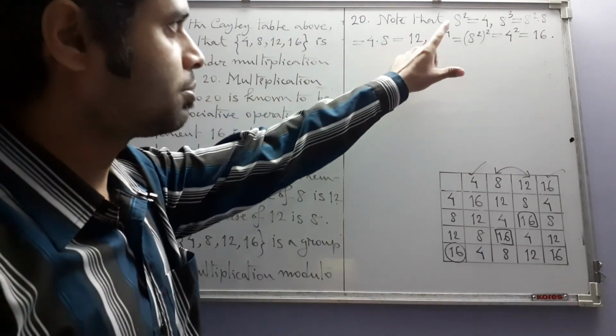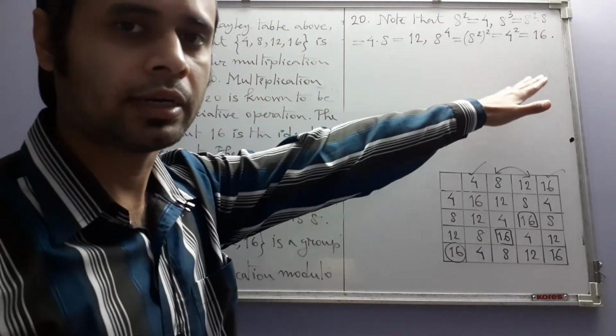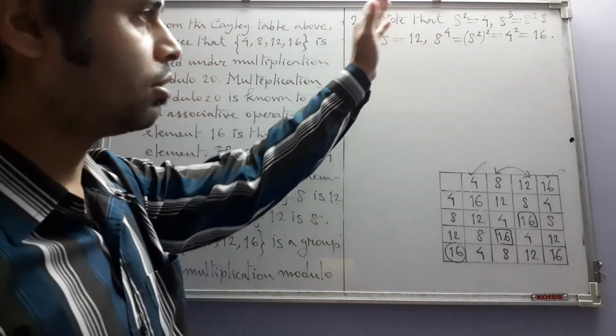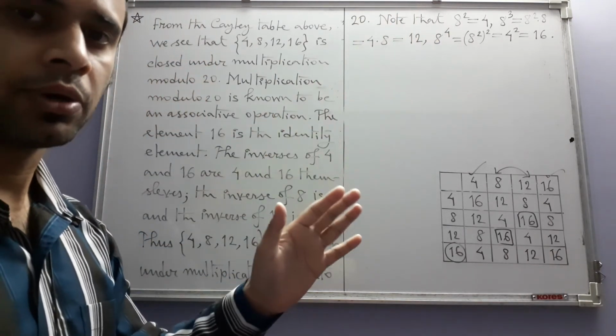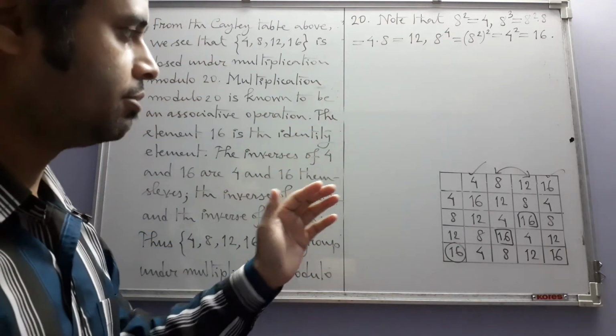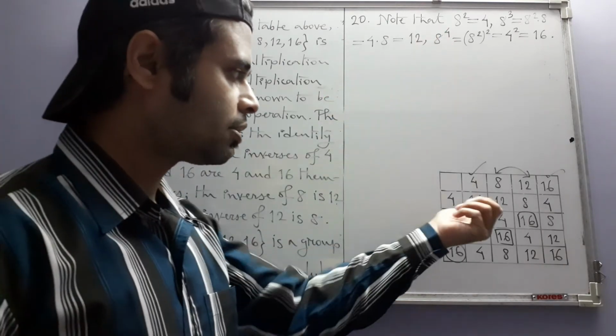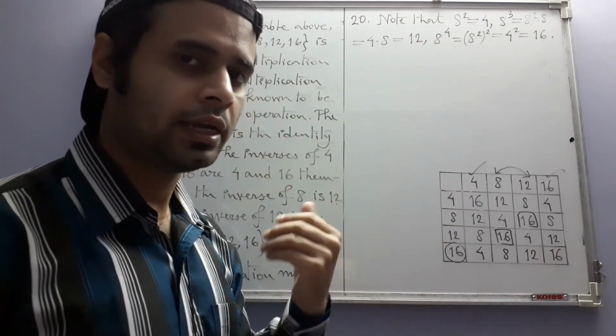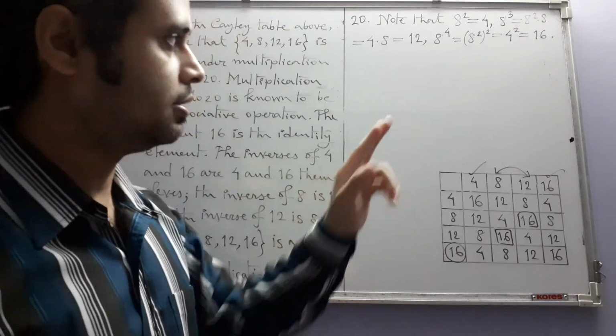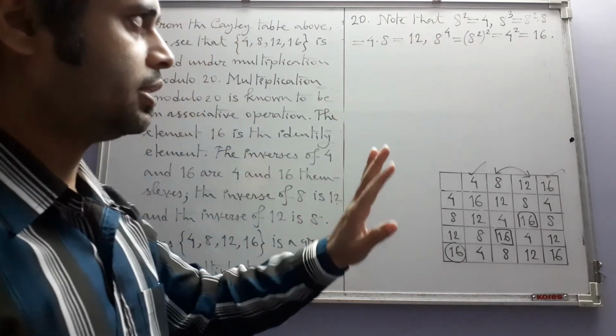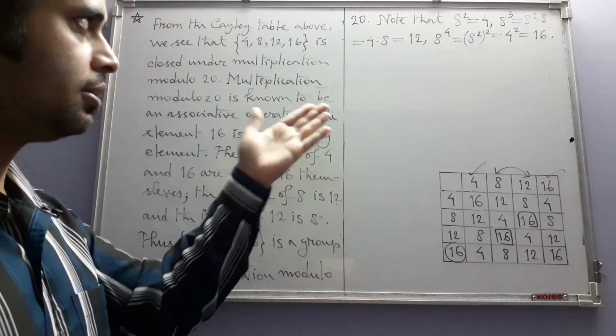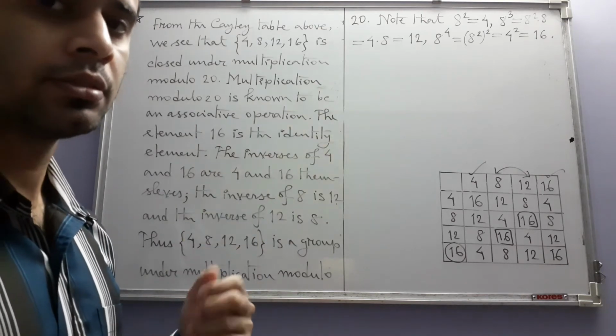So the fourth power of 8 equals the identity, and no lower positive integral power of 8 equals the identity, because 8 itself is not equal to the identity. So that means 8 to the power 1 is not identity. 8 square is not identity. 8 cube is not identity. Only 8 to the power 4 is the identity.